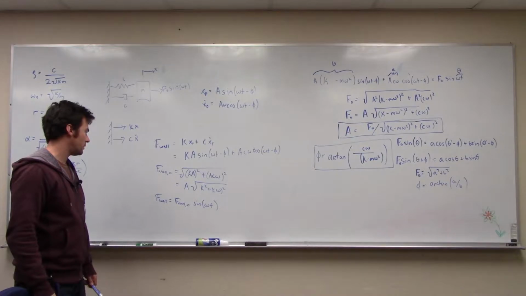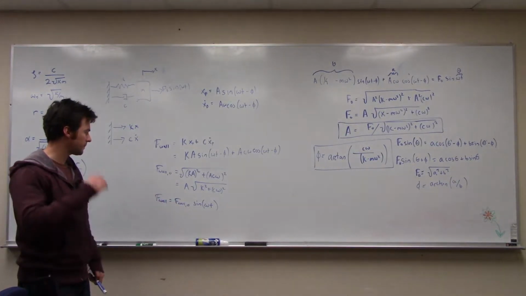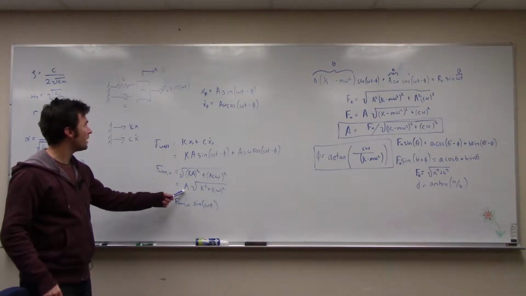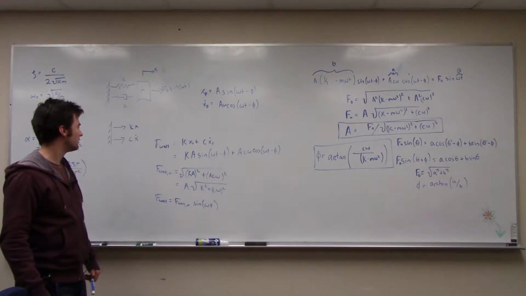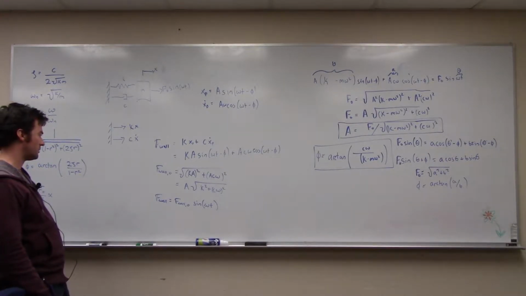Okay, so that is the force on the wall. It has this amplitude, which is F naught over k times alpha.